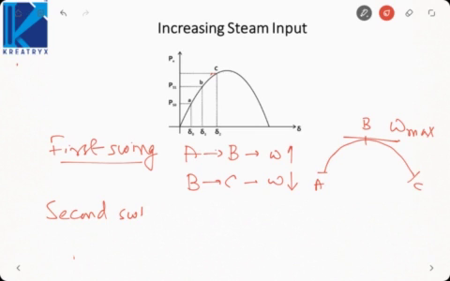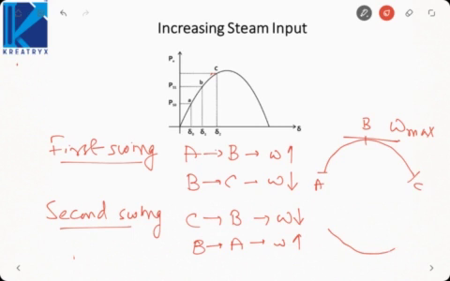But in the second swing, from C to B, speed was reducing, and from B to A, speed was increasing. That is, it was like this. So at B we had a minima.